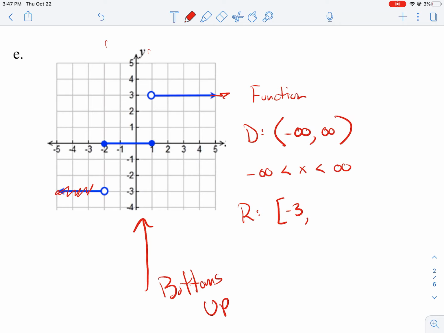So we're good. And what's our last y value we see up here? We see y is equal to 3. So our inequality would look like this: -3 less than or equal to y less than or equal to 3.